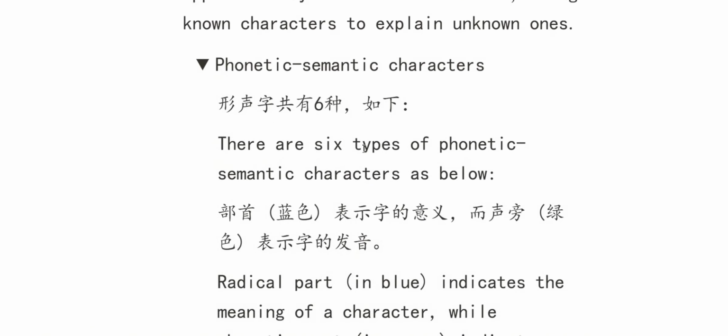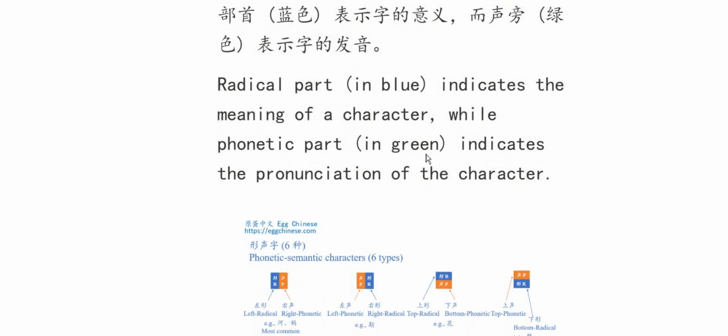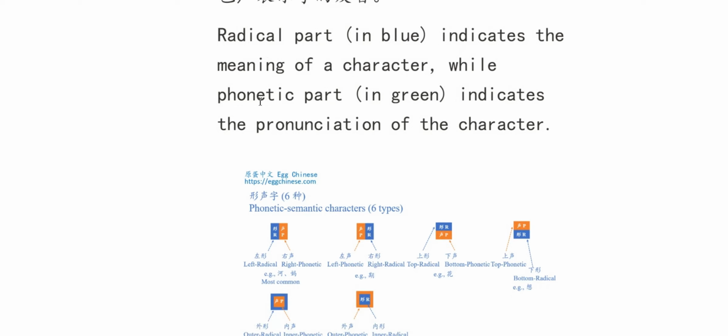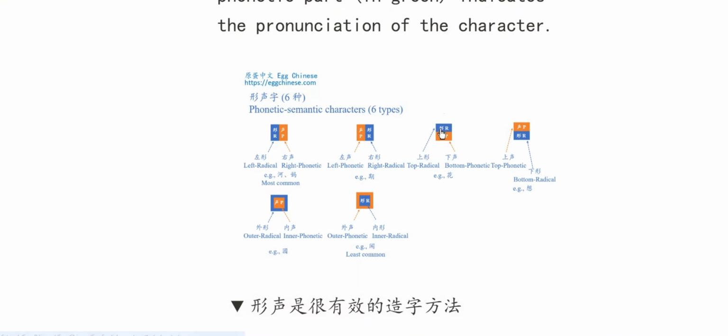So there are 6 types of phonetic and semantic characters as below. So here the radical part in blue indicates the meaning of the character, while the phonetic part in orange indicates the pronunciation of the character.